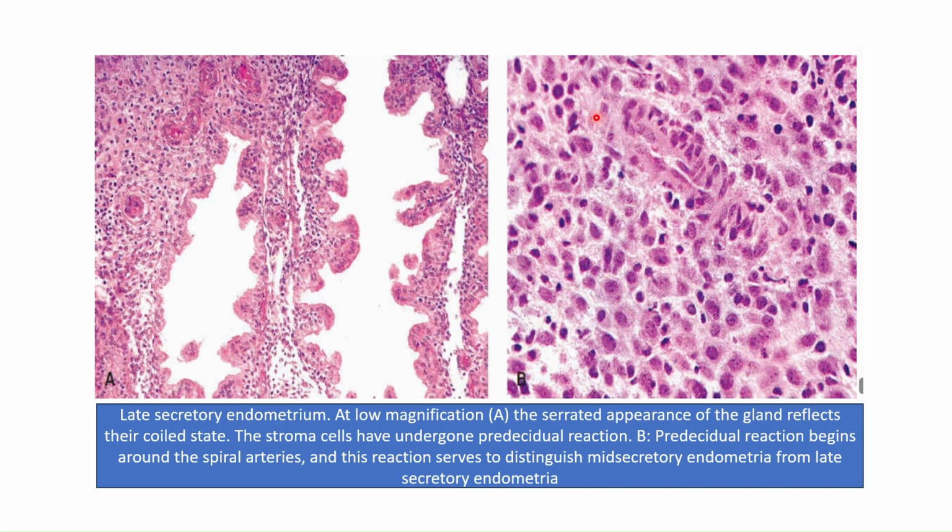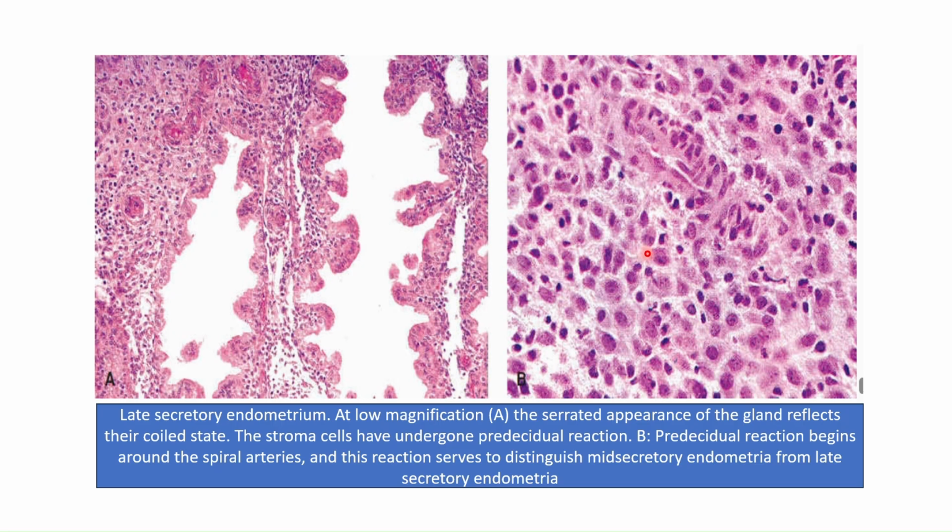This is a pre-decidual reaction in high power view showing granular lymphocytes, and these are the stromal cells having abundant pink eosinophilic cytoplasm and regular or visible outline.